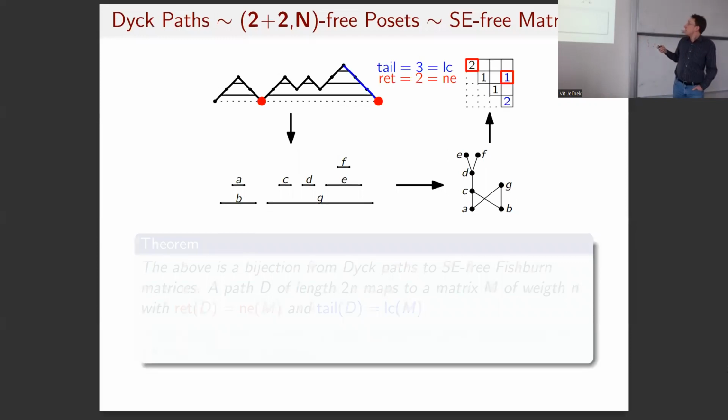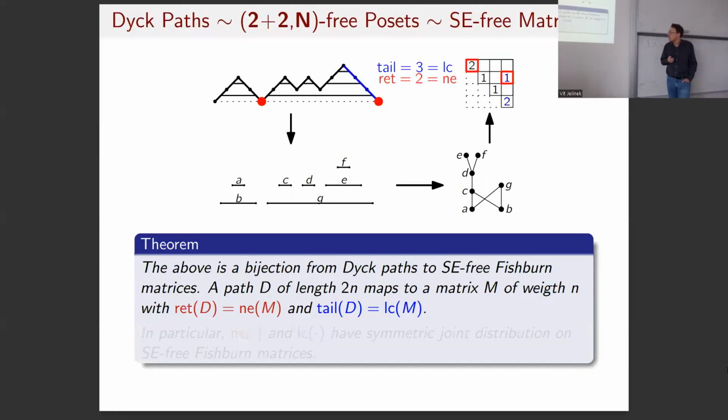If I look at the returns, they will map to northeast extreme cells, and the tails will map to the actual maximal elements in the poset, which corresponds to the weight of the last column.